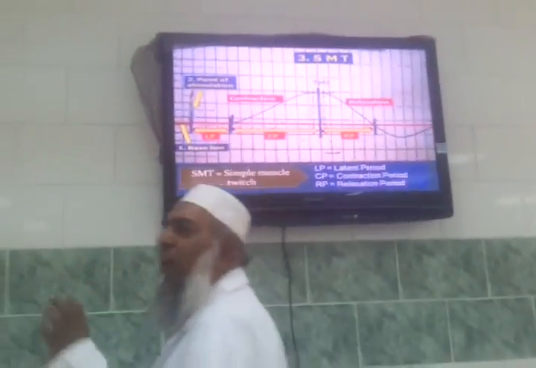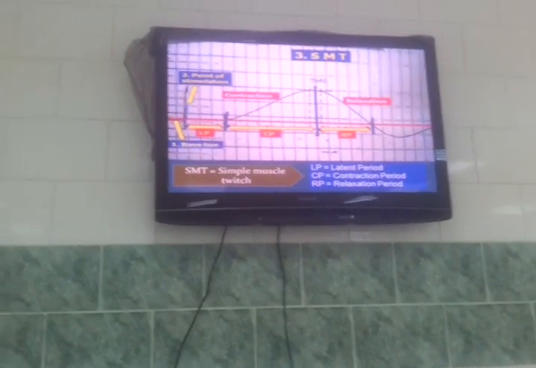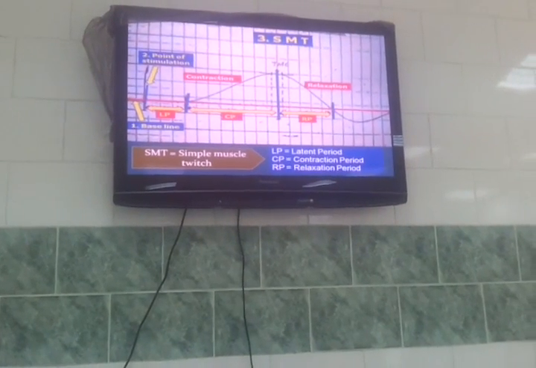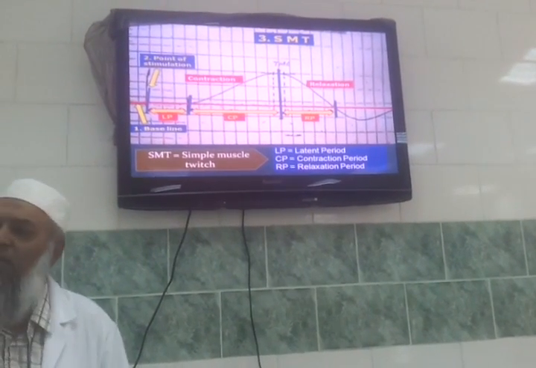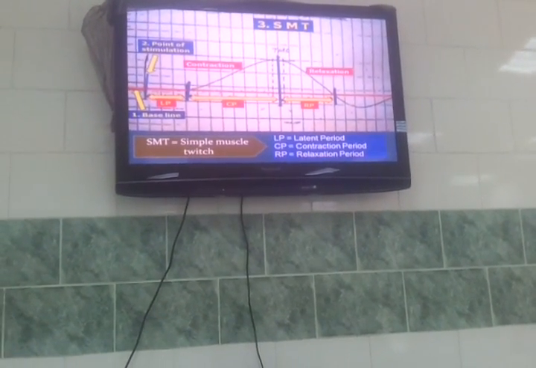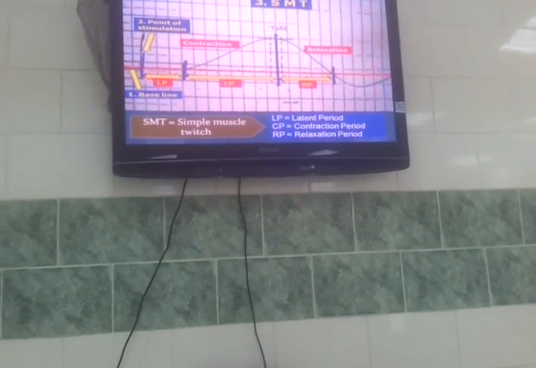In the kymograph, you can adjust your paper at different speeds. Maybe 400 millimeters per second, maybe 500 millimeters per second, maybe 300 millimeters per second, any speed.